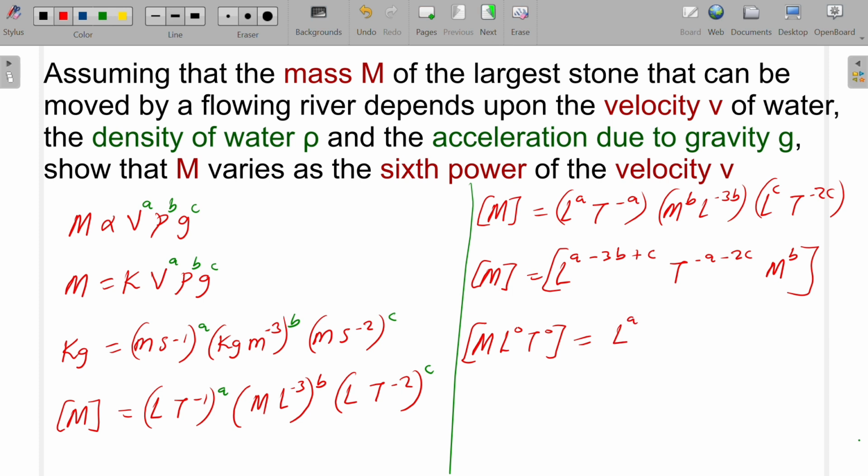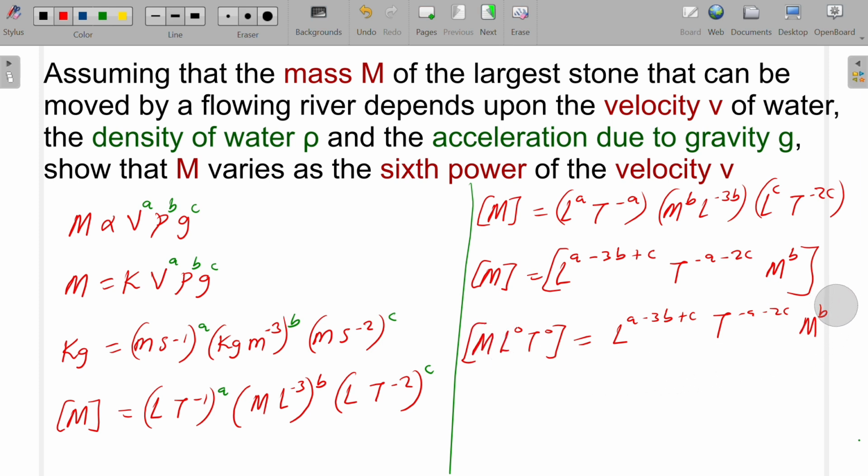We have L given to a minus 3b plus c, then minus a minus 2c as a power for t, and m to the power of b. So let's now compare. Let's start with the m. The m on this side is having a power of b, and on the left hand side is having a power of 1.